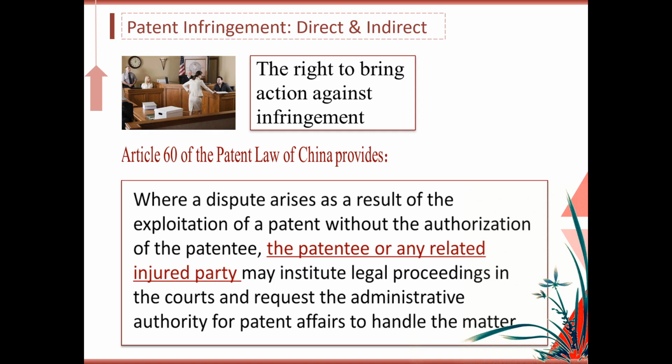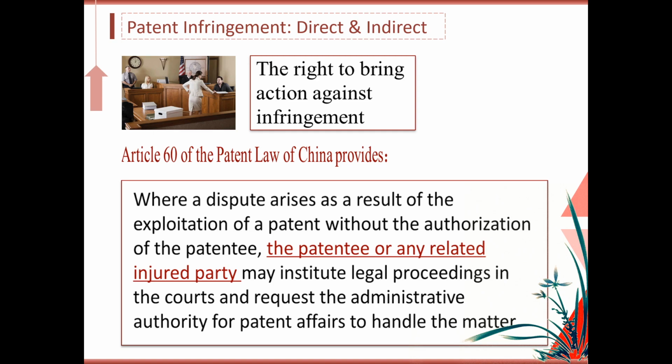So here we mentioned judicial remedies available to patents and also administrative remedies available to a patent owner in China.